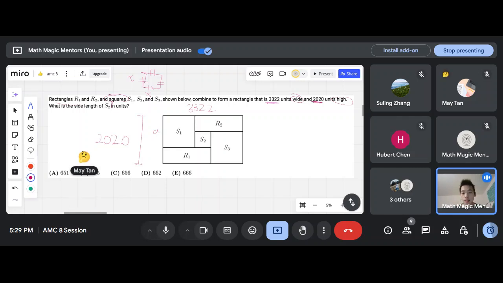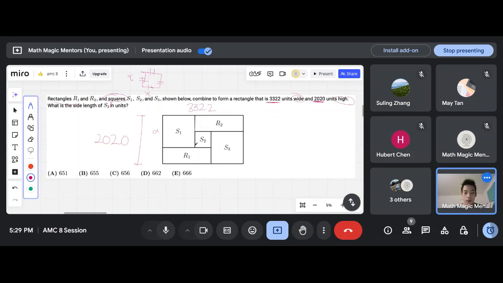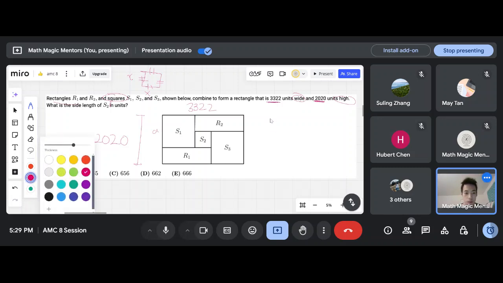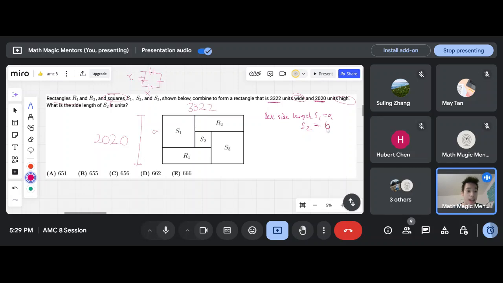We want the side length of S2, so if that's one of our variables, we can solve for it. Let the side length of S1 be A, the side length of S2 be B, and the side length of S3 be C. Let's label them real quick.